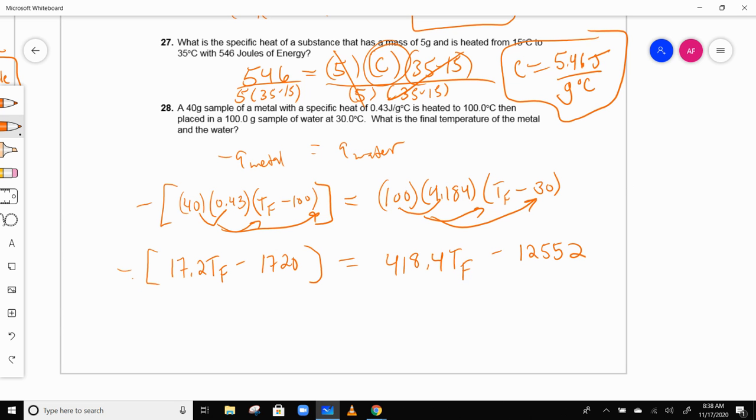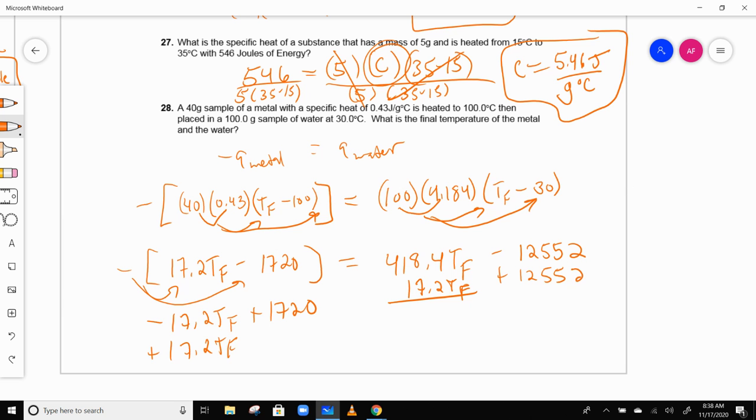Okay, and then don't forget to distribute this negative sign. So negative 17.2 TF and positive 1,720. Then I'm going to add 17.2 TF to both sides. And I'm going to add 12,552 to both sides.